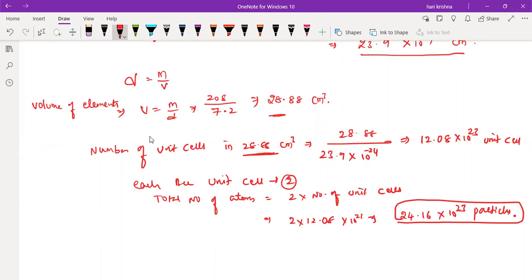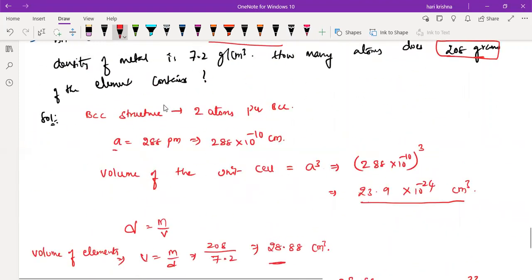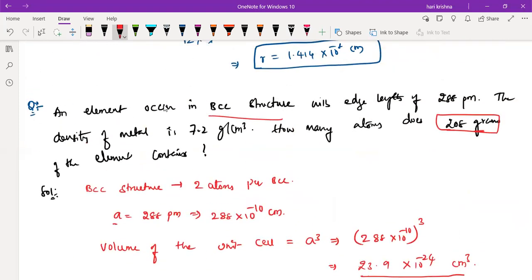Clear? So this is the way we calculate the number of particles in the unit cell. First, they calculated the volume of the unit cell, which is a cube, equal to this much.